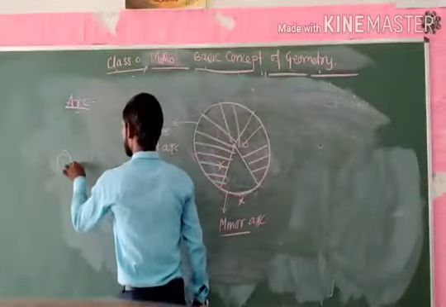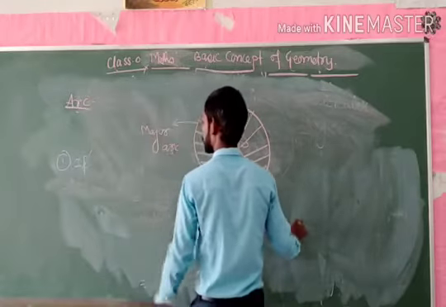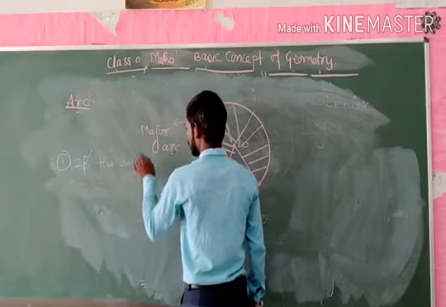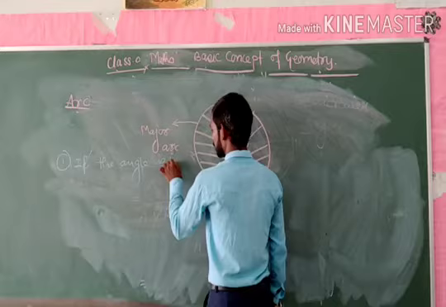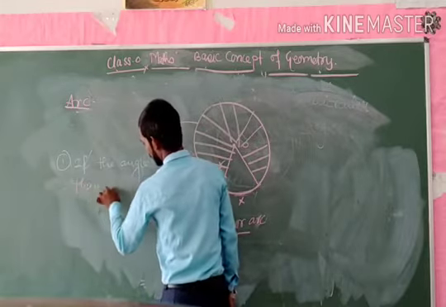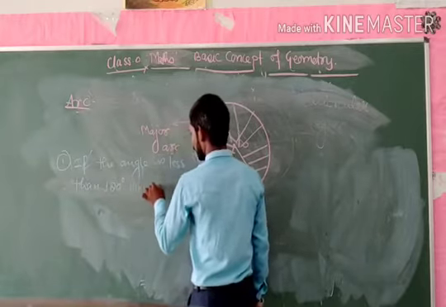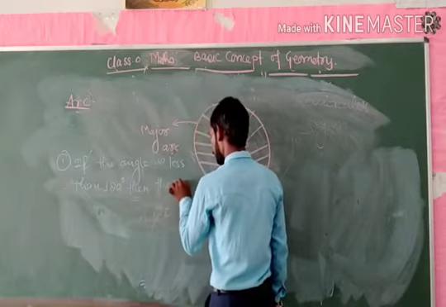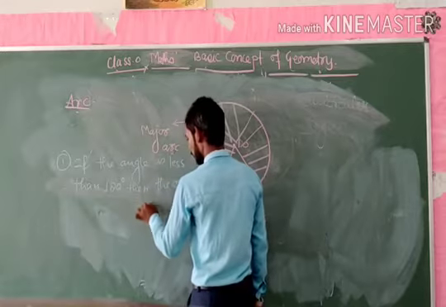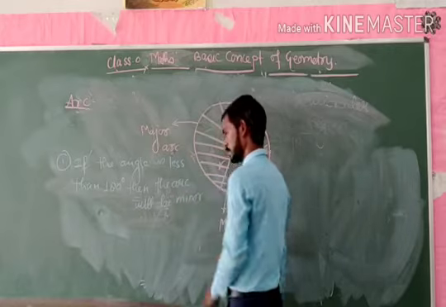First, if the angle is less than 180 degrees, then the arc will be a minor arc.